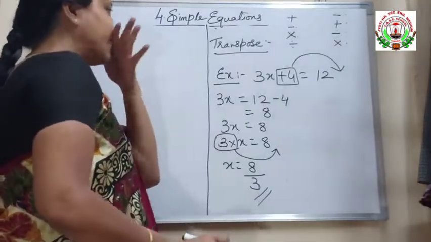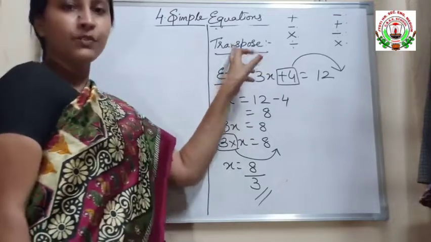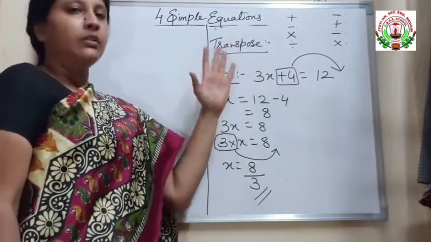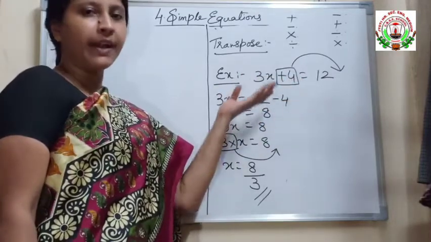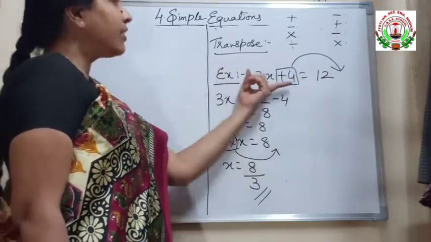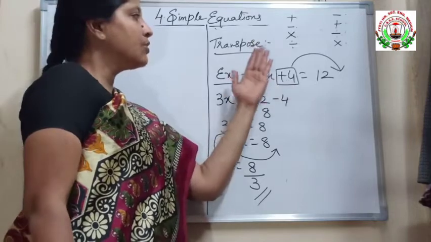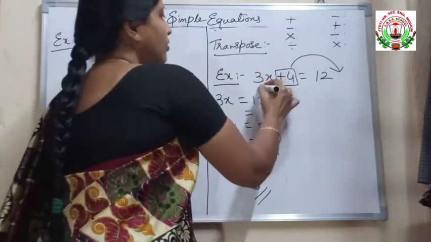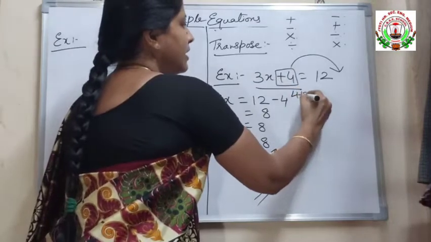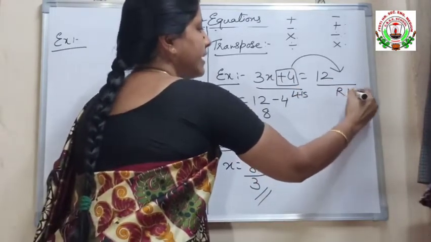Once again, let me explain it. See, this is transpose. We are going to use the transpose form to solve the equations and find the value of the variable. For that, we have to change the constant on the LHS. This side is LHS and this side is RHS.